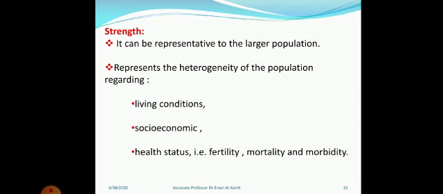It represents the heterogeneity of the population regarding living condition and socio-economic condition. You are going to see the variations in the population regarding their living condition and socio-economic condition, and the health status of the population, fertility, mortality, and morbidity, according to the subject which you are going to measure or assess.